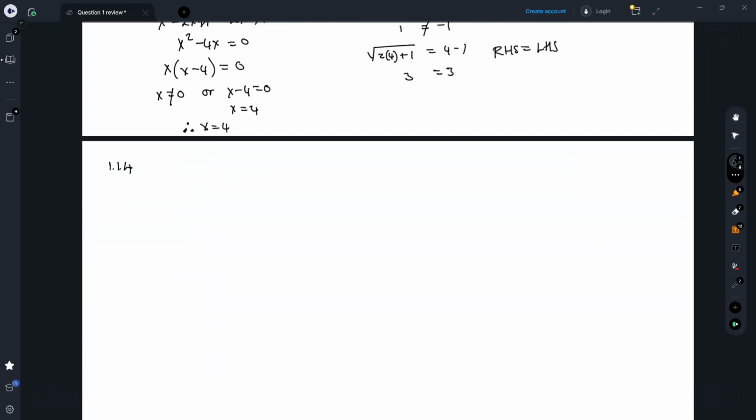1.1.4. Okay, so now 1.1.4 is an inequality. So what we have here is x squared minus 3x minus 3 is greater than 2x.